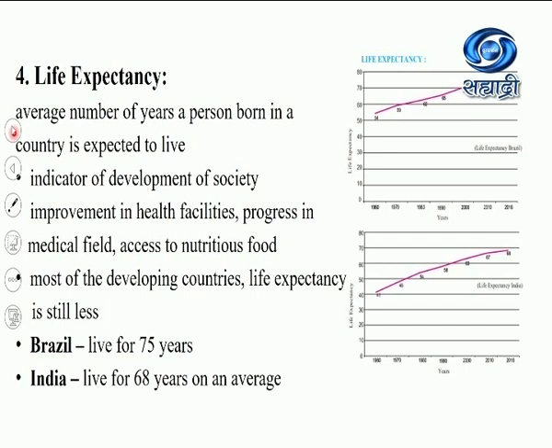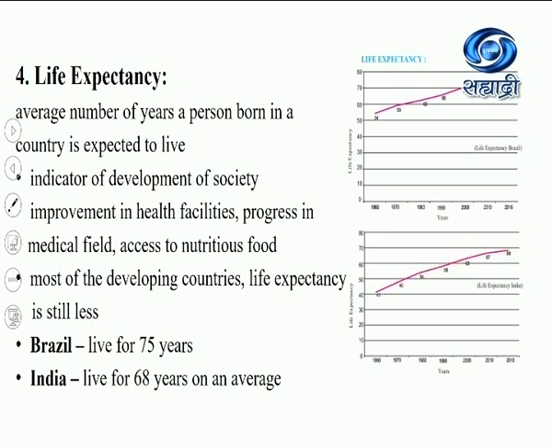Now, on an average, in Brazil, you can see with the help of this line graph, the life expectancy in 2016 was 75. So it means that people on an average live up to 75 years of age. Here in India, it was very, very low. Still it is very low.